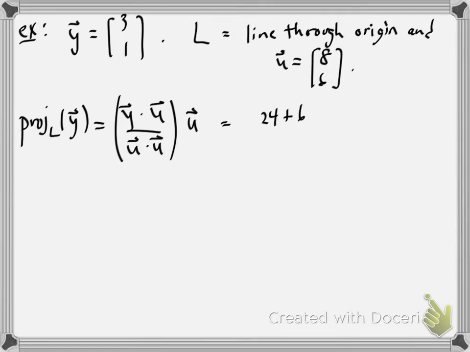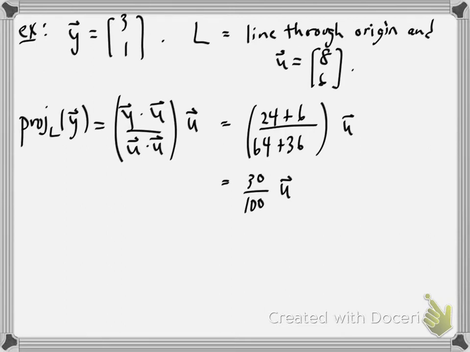It's this multiple of u given by y dot u, which is 24 plus 6, divided by u dot u, which is 64 plus 36, times the vector u. Simplifying, that's 30/100 times u, or 3/10 times the vector (8, 6). And so that's (2.4, 1.8).